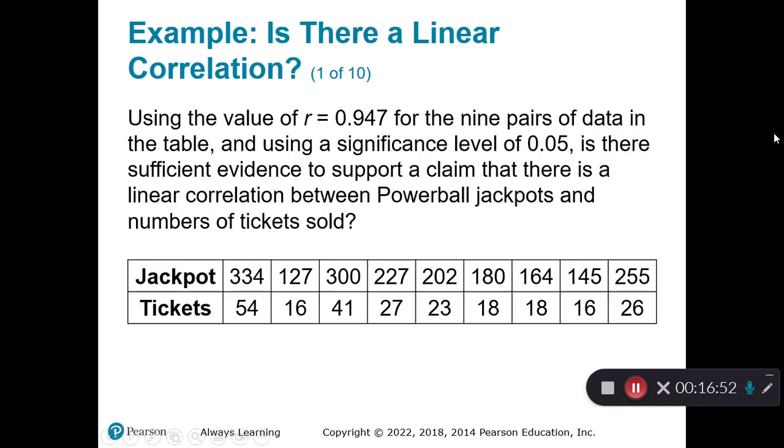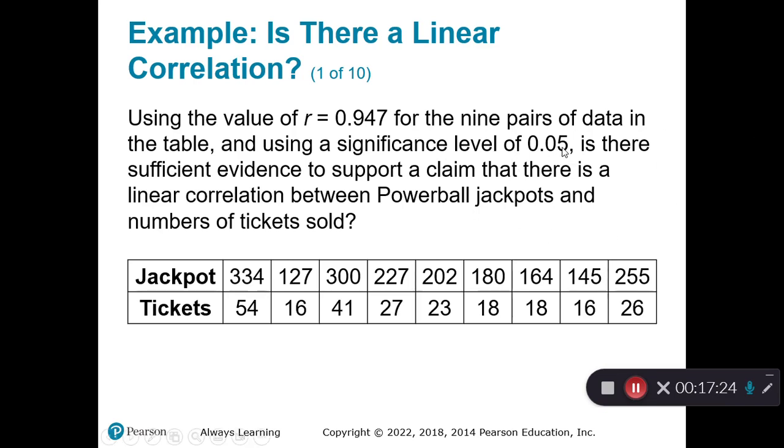So if r is equal to 0.947, what does that mean in terms of whether we have evidence of a linear trend? Well, we didn't look at the graph just yet. We will in a future slide. But what we will see in that scatter plot is that this data actually does follow a very clear linear pattern, and the slope of that linear trend is positive. So it's rising as we move from left to right.